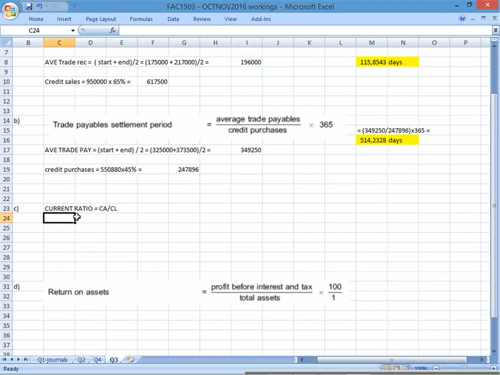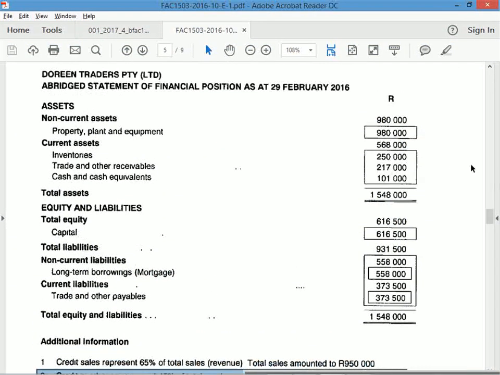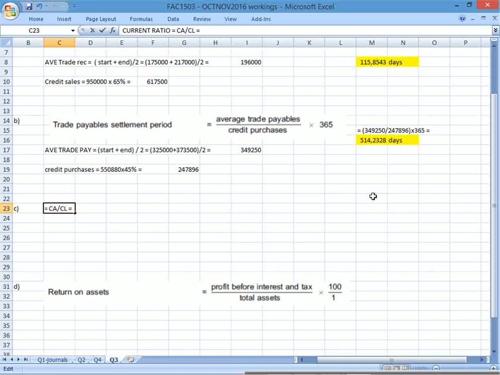Right, current ratio, easy. All I need is what? Current assets and current liabilities. So can you read the current assets and current liabilities from the question? Where is it? What is it? What do I want? Do I want total assets? I want the current assets.